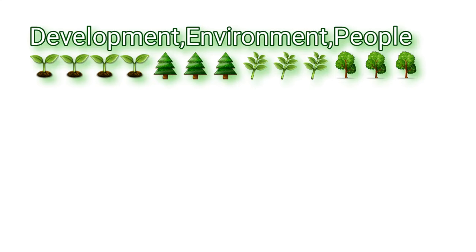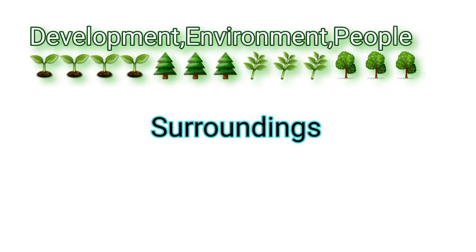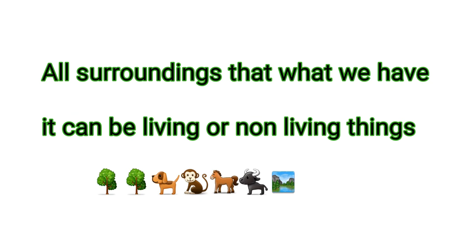So we should first know what is environment. Environment simply means surroundings, all the surroundings that we have. It can be living or non-living things. So that is called environment. And then what are natural resources?